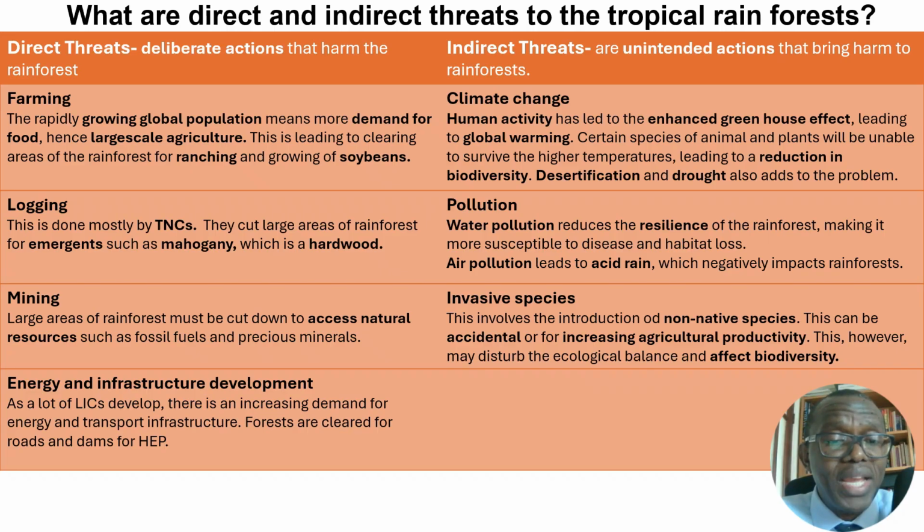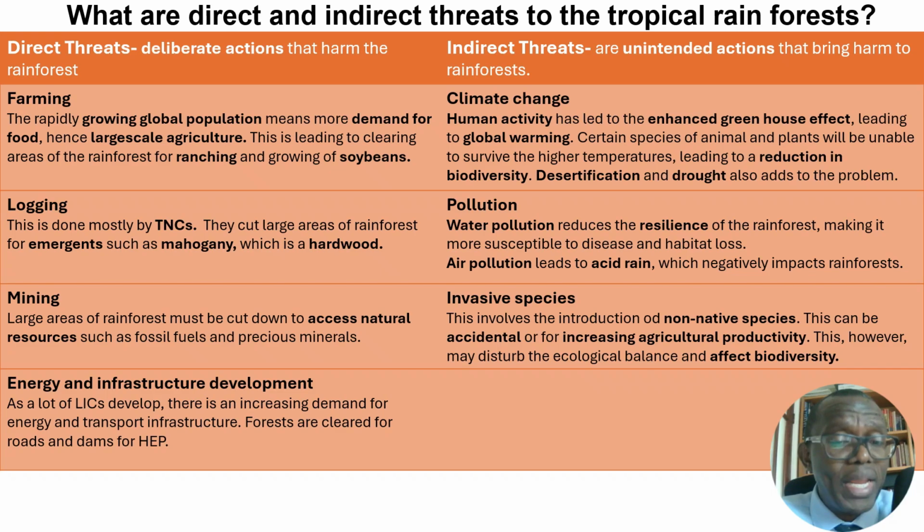So they cut large areas of the rainforest for species such as mahogany, which is a hardwood. So that is quite needed, or is in high demand, and therefore is being cut down from the rainforest.